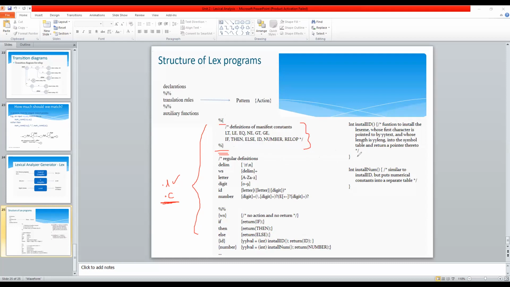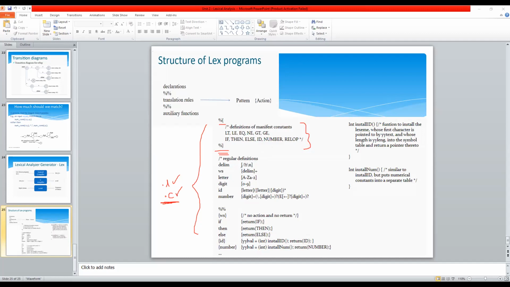Okay, then so these are the regular definitions. ह्या ज्या definition आहेत त्या मी .l मध्ये use करतेय. So I am writing these definitions over here, and inside this bracket, whatever I am writing, that I will be using in my .c after one compilation. So these are the definitions. What is the delimiter?